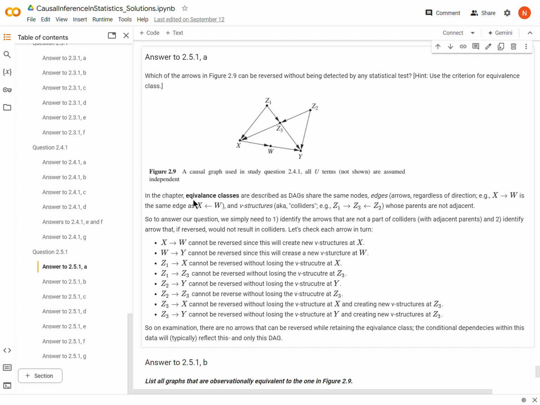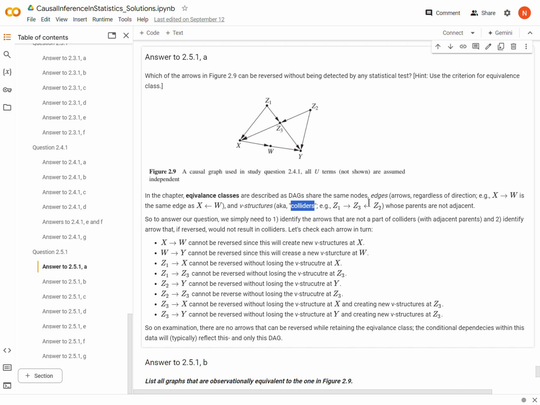So let's talk about what an equivalence class is. It's a set of DAGs that have the same nodes and edges, i.e. arrows, regardless of the direction. So an edge from X to W is the same edge as an arrow from W to X. The equivalence class also has the same V structures, otherwise known as colliders.